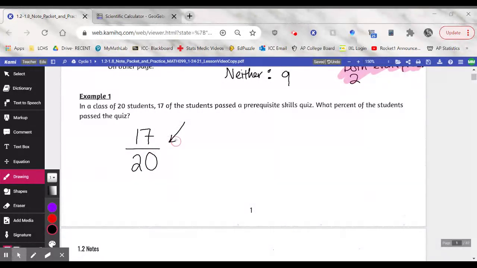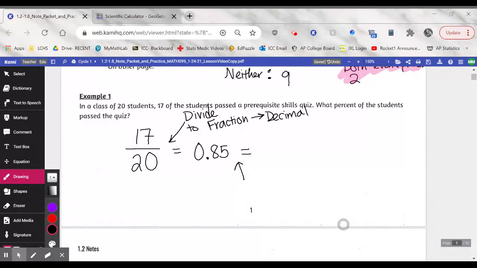So what I'm going to do is divide so that I change my fraction into a decimal. Whenever you want to change a fraction into a decimal, all you have to do is divide. So in your calculator, you could just do 17 divided by 20, and you get 0.85. Okay, the next thing that I'm going to do is change it to a percent.